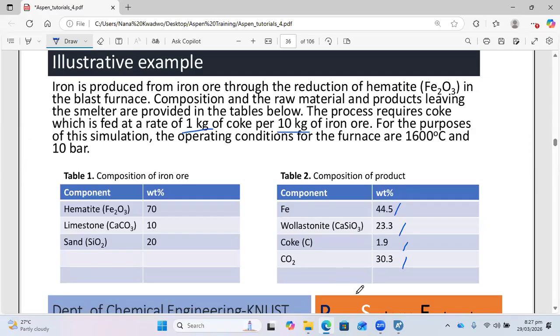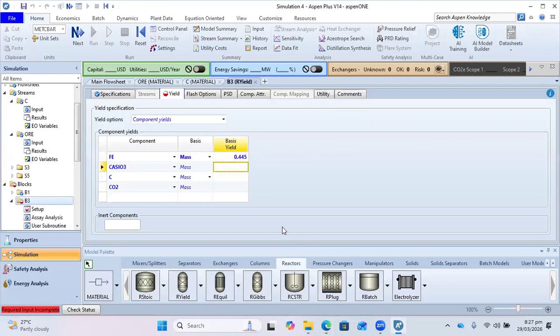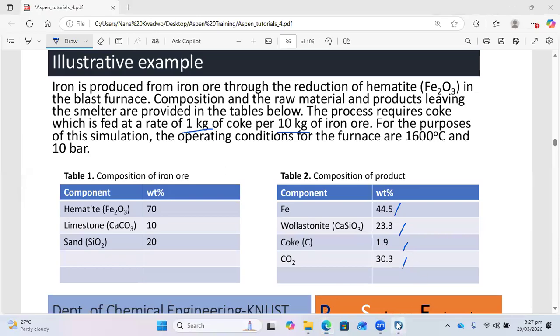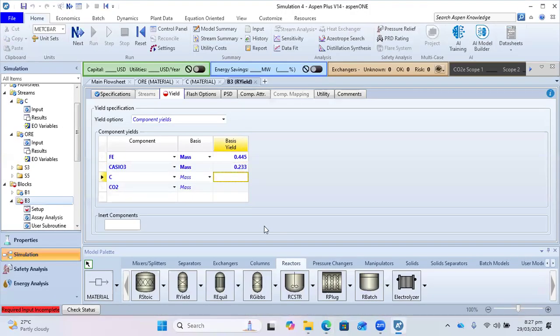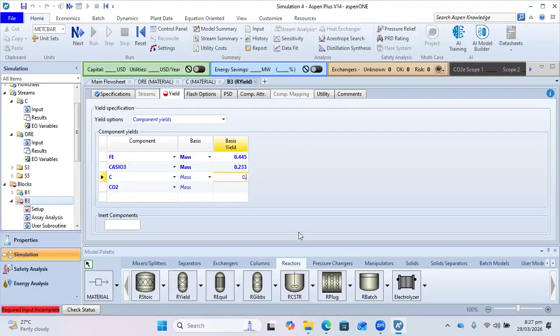So this will become 0.445. And then the wollastonite was 0.233. The carbon was 0.019. And then the CO2, 0.303. Okay, so we can run the simulation.